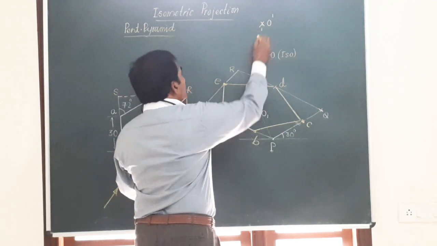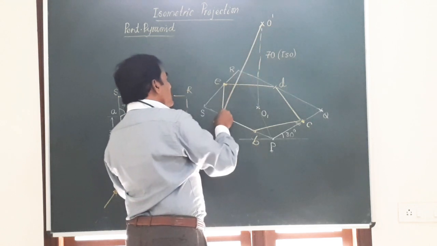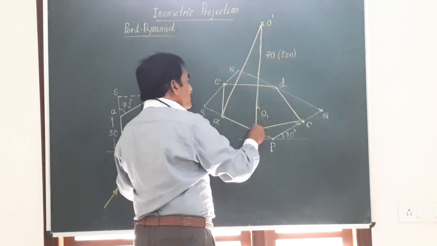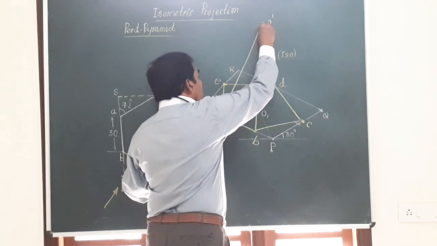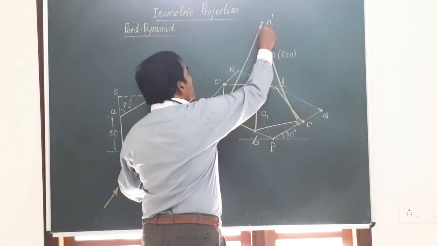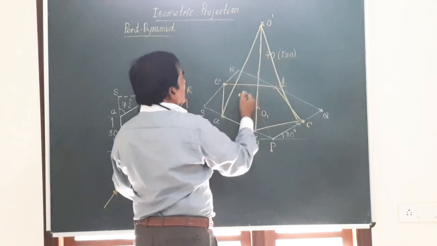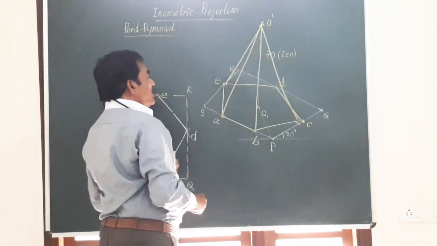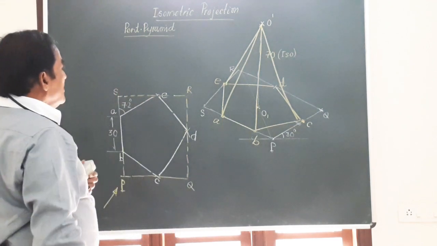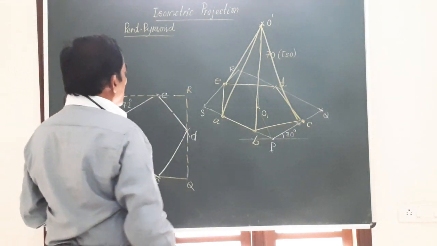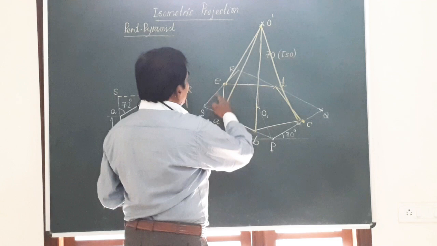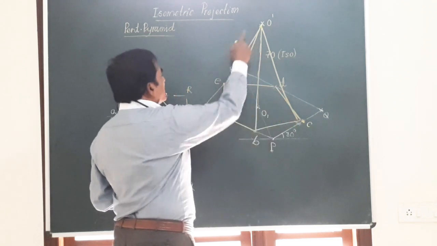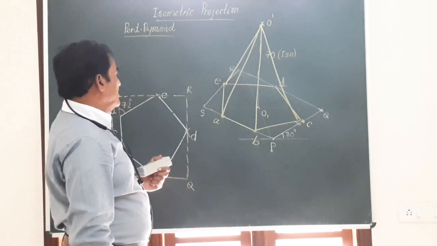I am going to join O to A, one of the slant edges, O to B, O to C, O to D, that comes inside, and then O to E. Friends, you can see very well here. All the corners of the base, namely A, B, C, D and E, are joined to the vertex O dash.